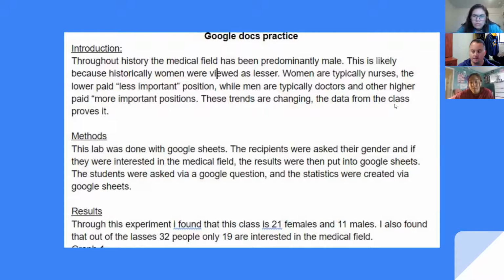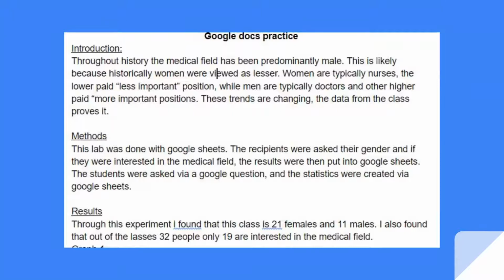Okay, Adam, what's one formatting error that you see? Adam Lerma, what's one formatting error that you see?